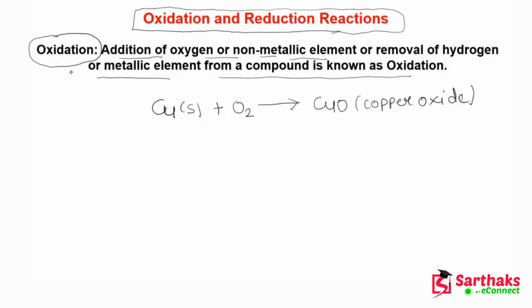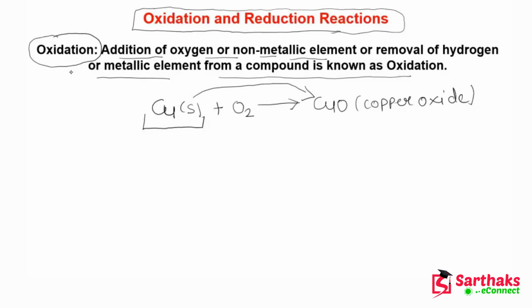Here you can see it is very clear that copper is oxidizing into copper oxide because oxygen is added into this copper. So we will say that copper is oxidized into copper oxide. I hope this point is clear to you.